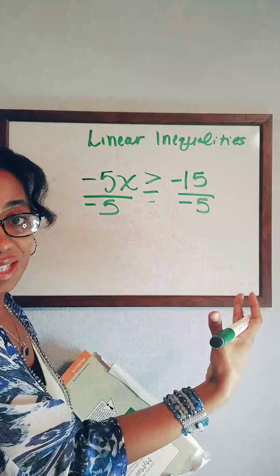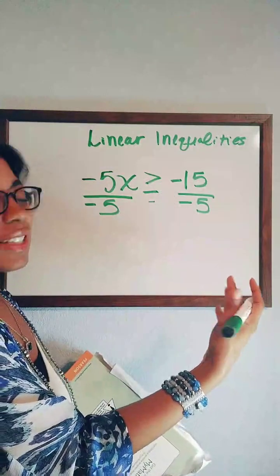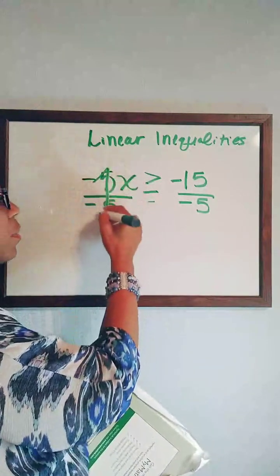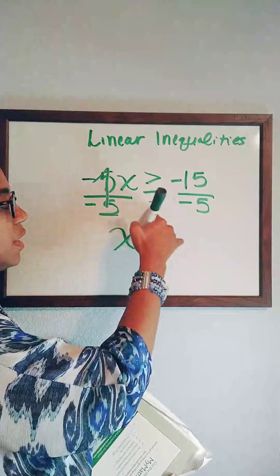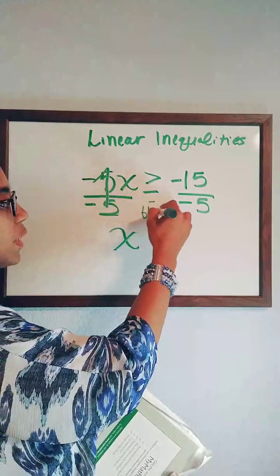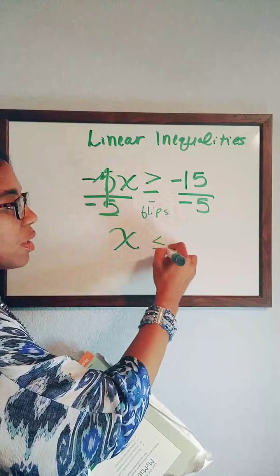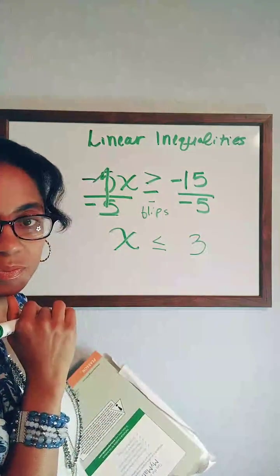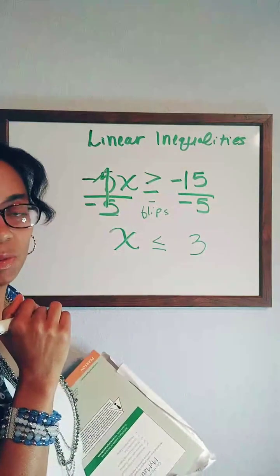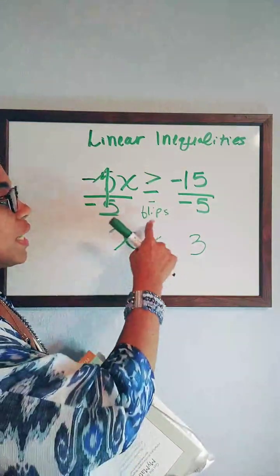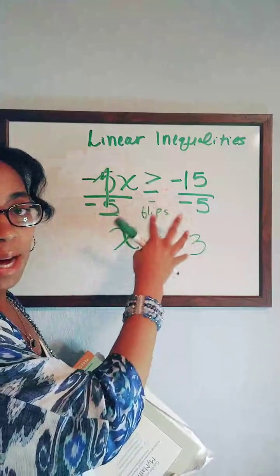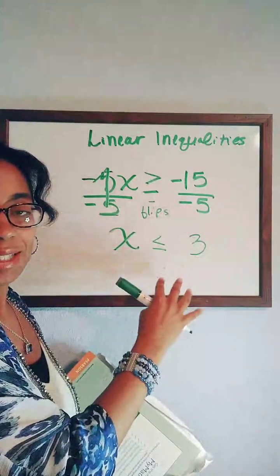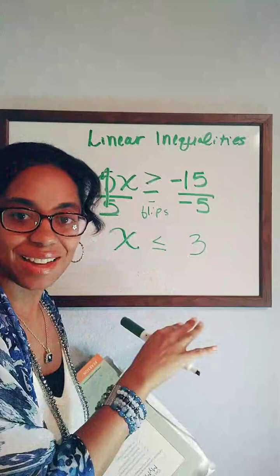So these two cancel out and become a positive 1. This also flips the opposite direction. And then this becomes positive 3. The inequality changes directions. So anytime I divide by a negative or multiply by a negative, I have to reverse the sign.